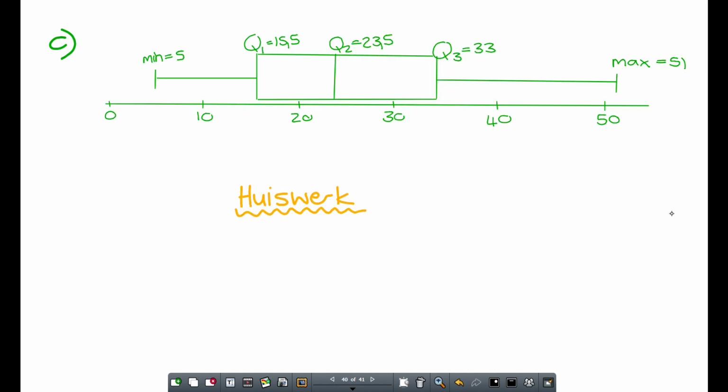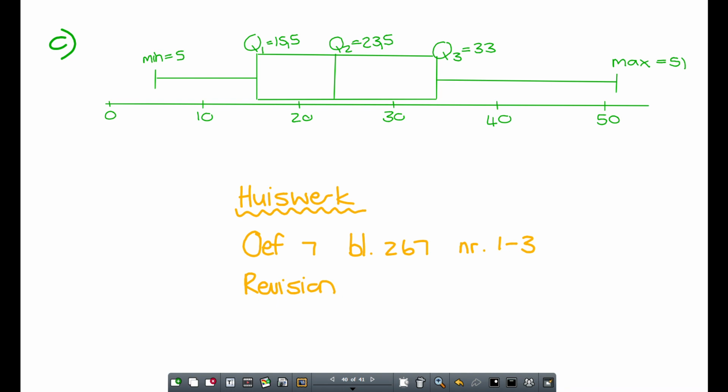Okay, so jou huiswerk gaan wees oefening 7. En dit is op bladsy 267. Jy gaan vir my doen nommer 1 tot 3. And then you're also going to do the revision exercise. Want ons het... Nee, wag, ons het 'n dubbel vandag, né?